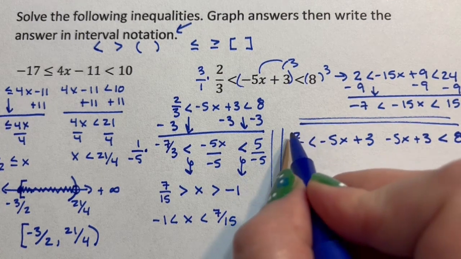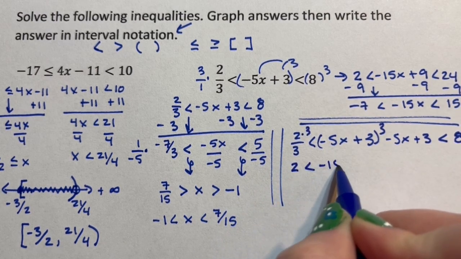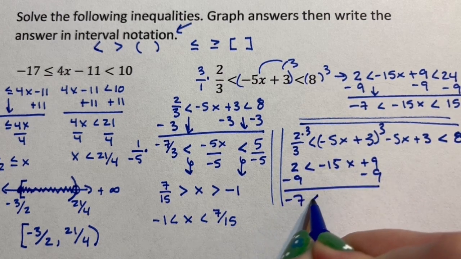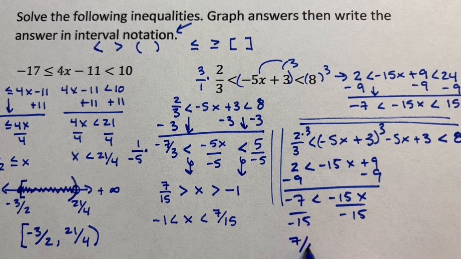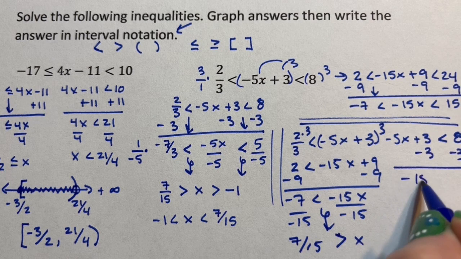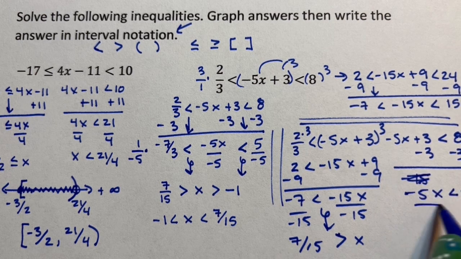If you do this and multiply this by 3, you have 2 is less than -15x plus 9, subtract the 9. -7 is less than -15x, divide by -15. 7 over 15 is greater than x. The other part: -5x is less than 5, divide by -5, flip this over, x is greater than -1.